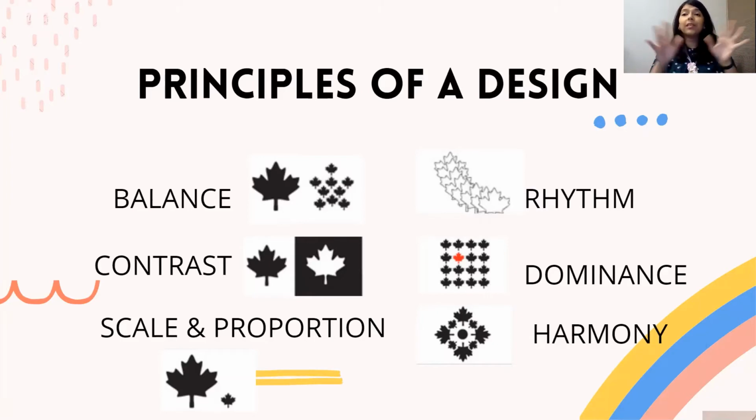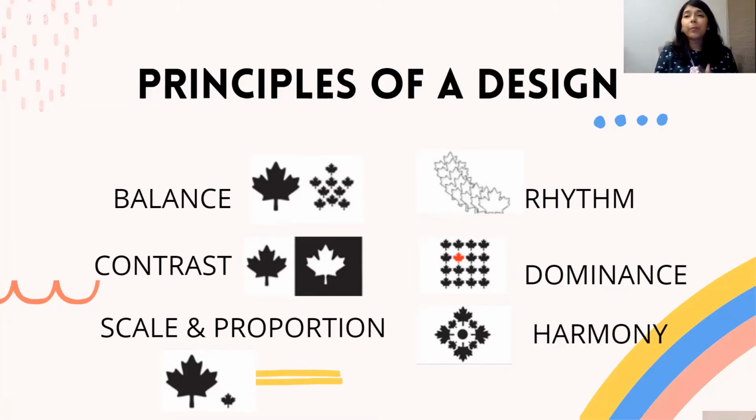So for example, in a design, if I use spheres and cubes, those are contrasting forms, contrasting colors, like maybe yellow and orange, maybe black and white, contrasting textures, rough with smooth. So these are the ways we can combine different elements.